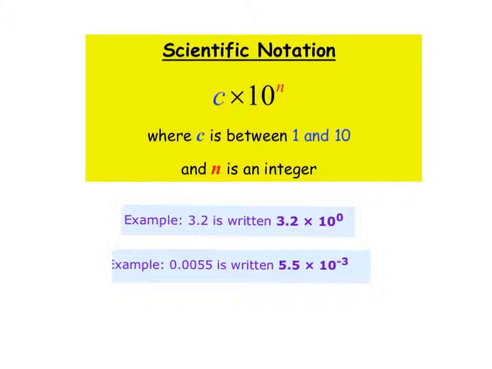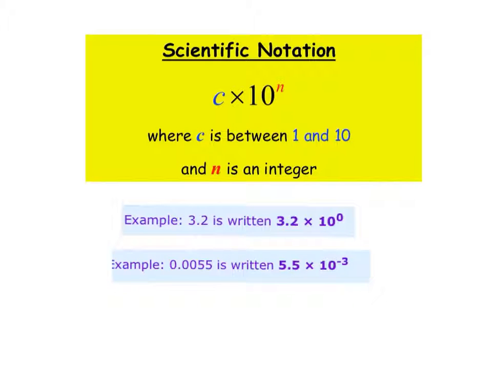So the basic form for scientific notation is this, where C is a number that is between 1 and 10, but smaller than 10, and N is an integer. This is your power. For example, 3.2 is written as 3.2 times 10 to the 0 power if you were going to write that in scientific notation.